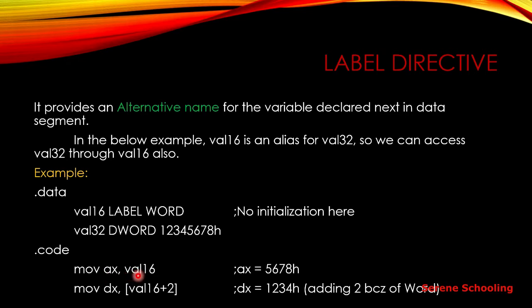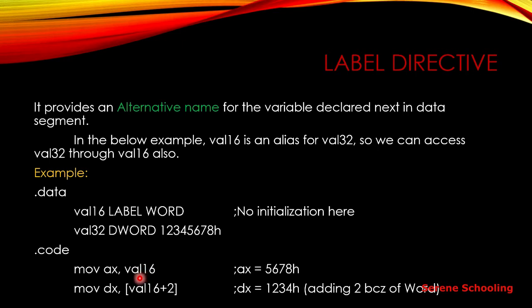Because for my val16, I have declared the size as WORD, so I can move this only in AX, right? Suppose here I had written BYTE, then I could move this val16 only in AL. You have to take care of the sizes of both the destination and source operands.